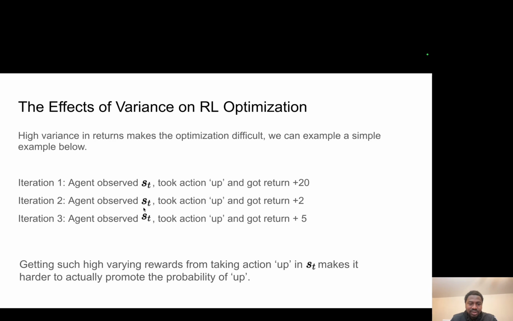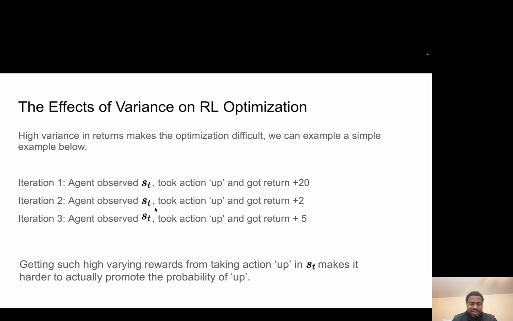And next iteration, you observe ST again, you took action up, same action, and now you got a return of plus 2. Next iteration, you got a return of plus 5. This is quite a bit of variance, which makes it harder for you to actually promote taking up in ST.